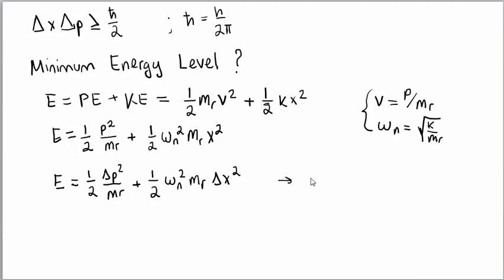We use the fact that delta p is greater than or equal to h bar over 2 times 1 over delta x.